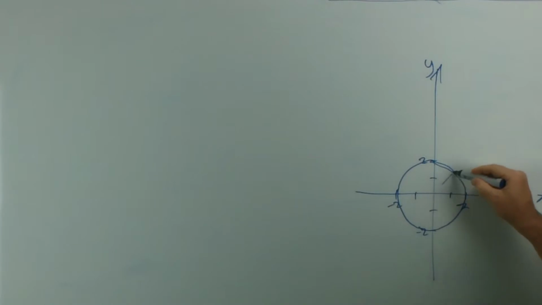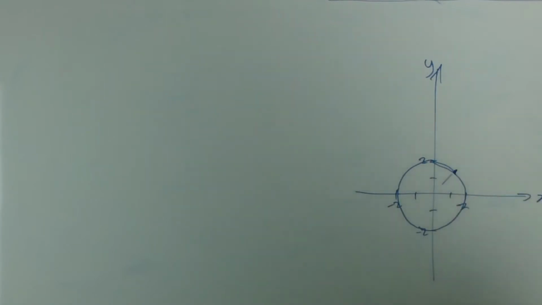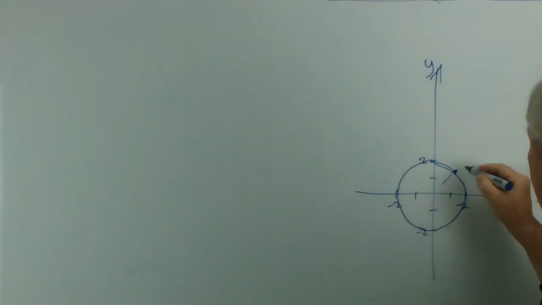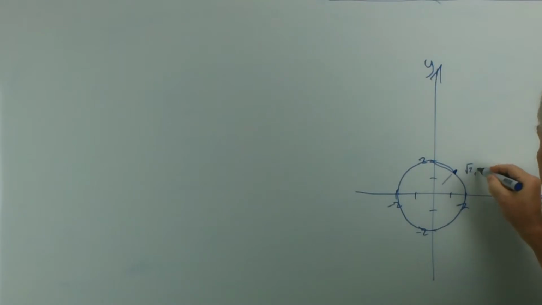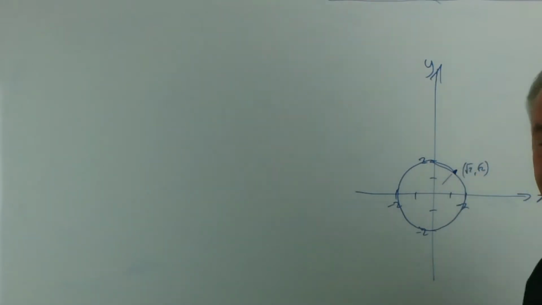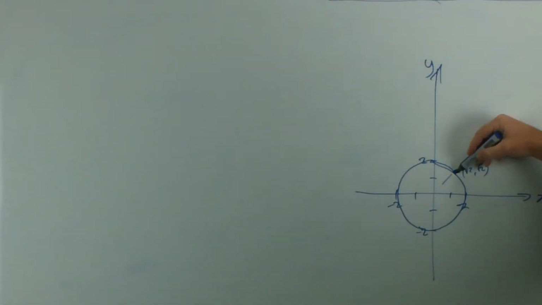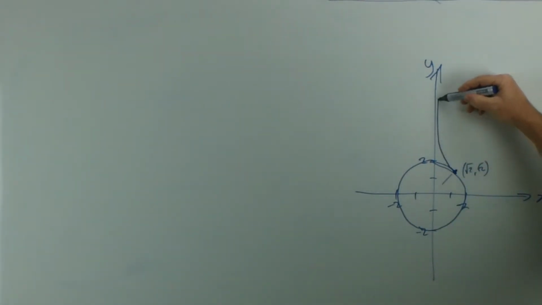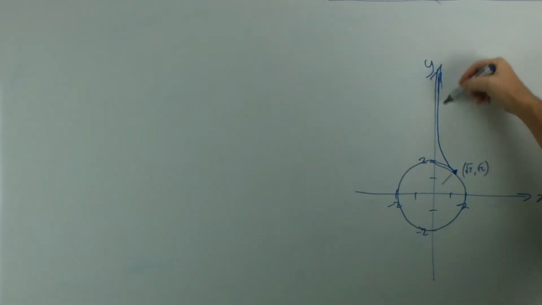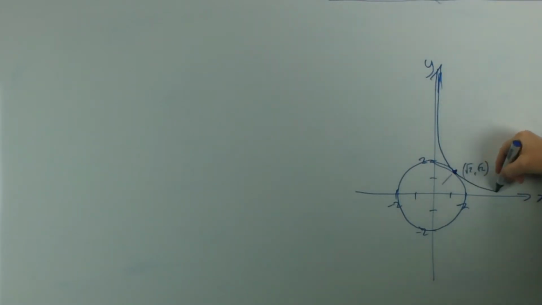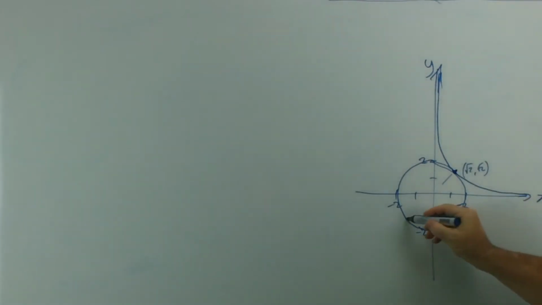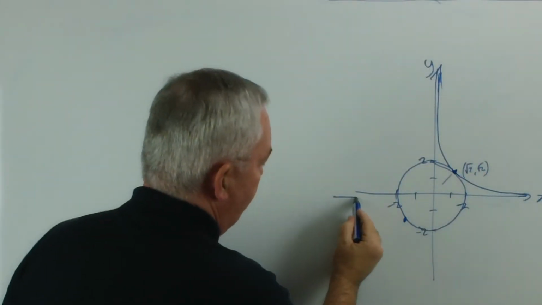And I think you'll realise that if this is a radius of 2, then the point here is going to be the point root 2, root 2. Now, I would like an hyperbola to pass through this point and to travel up the y-axis and along the x-axis, and to do the same through the corresponding point in the 3rd quadrant.